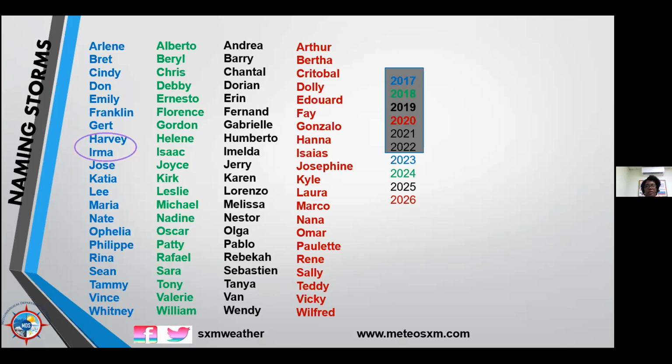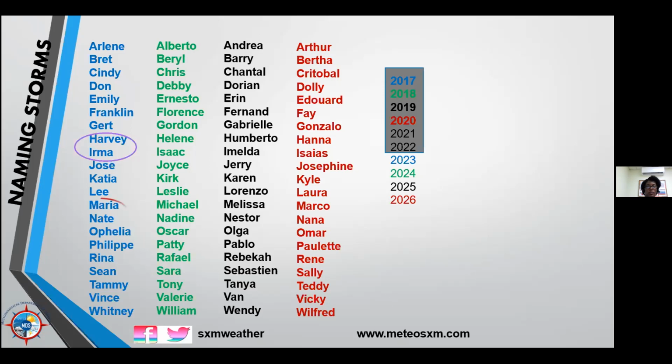So back to 2017, Harvey, remember Harvey caused destruction in Texas in August of 2017. I think like 68 lives were lost and over $100 billion damage. Irma, we all know about Irma. Irma had 7 landfalls with 5 of them at category 5.